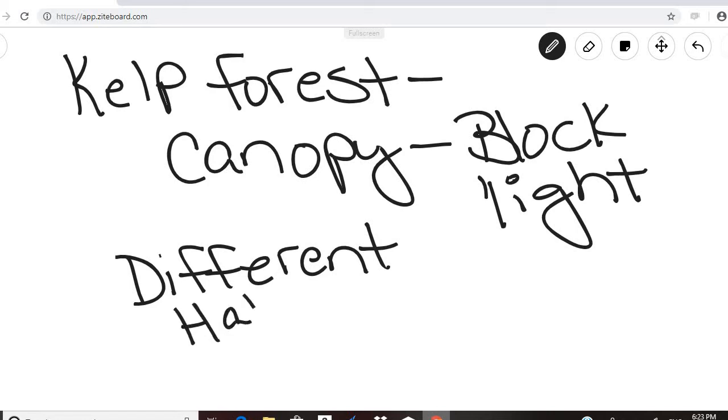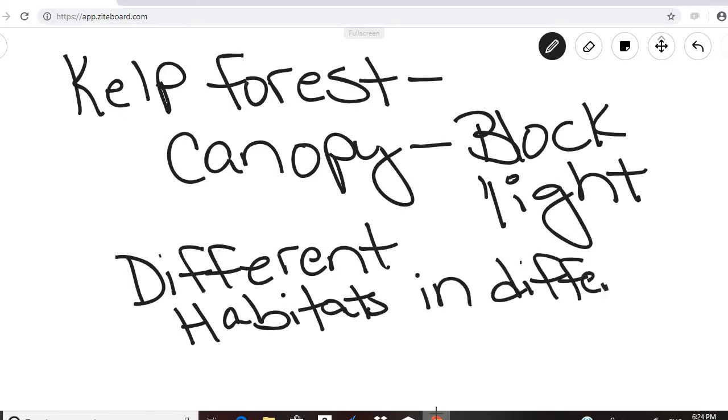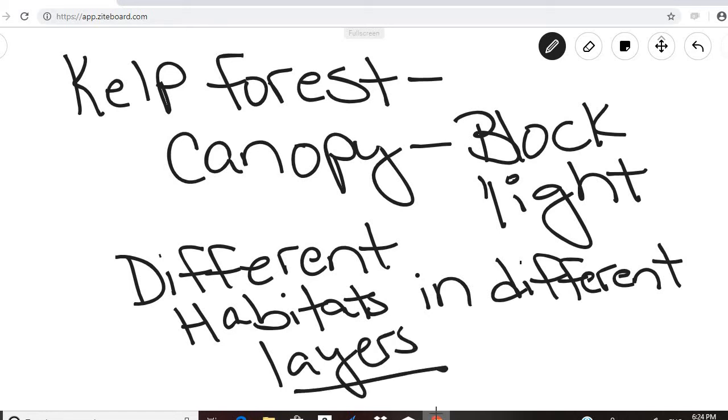because you'll get some organisms, some animals living in areas where light can still penetrate, but as you go deeper and the light is not able to penetrate, then other animals will live there that don't rely so much on light.